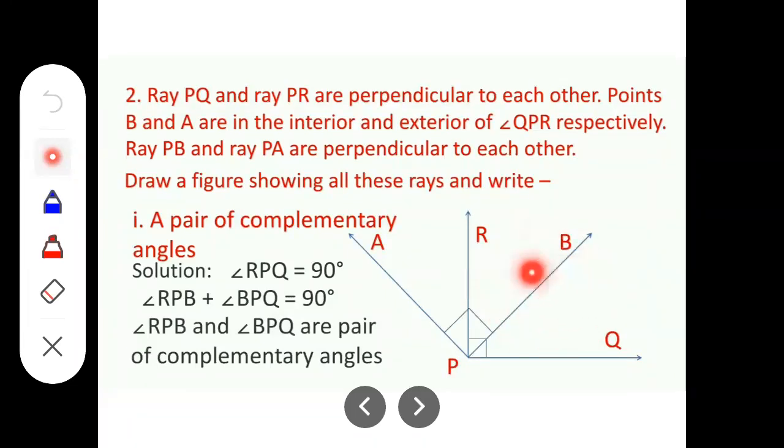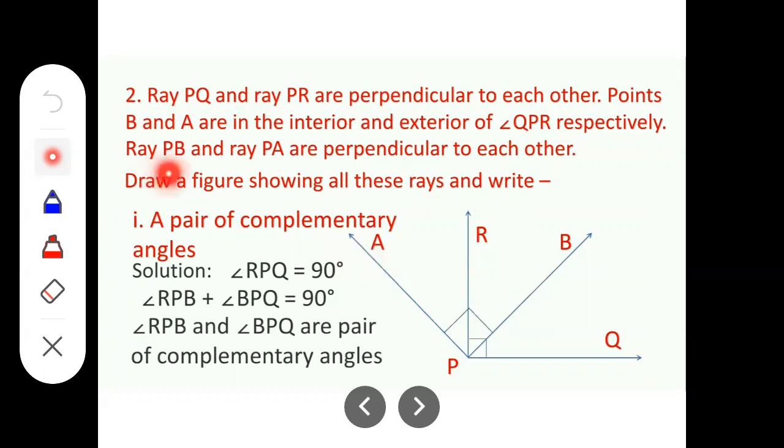Now within this area, one of the points, B, I have taken here. Okay, and the other point A is exterior. So the exterior is here. Okay, you can take it on this side also. So point A is an exterior point.